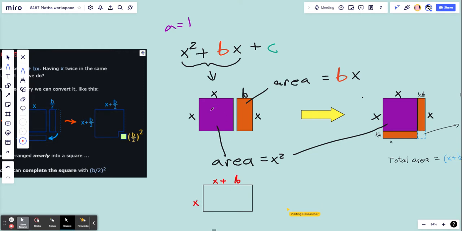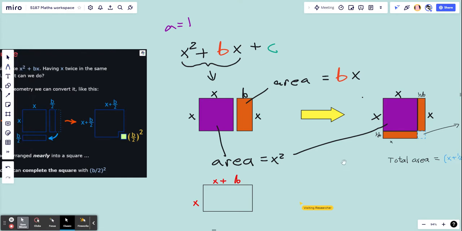And you chop it and you get a square here, and a little rectangle here. The area of this square is x times x, which is x squared, and the area of this one is b times x, which is bx. So the area will in fact be x squared plus bx.